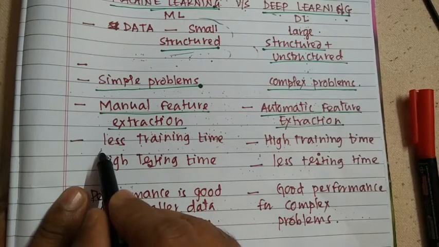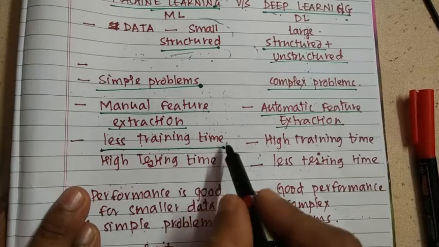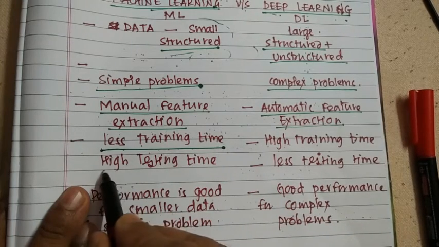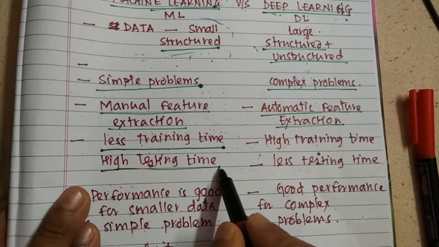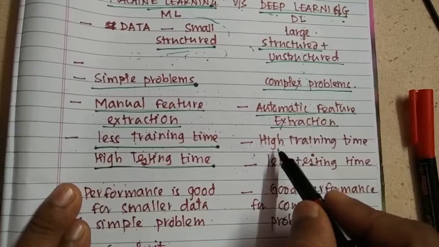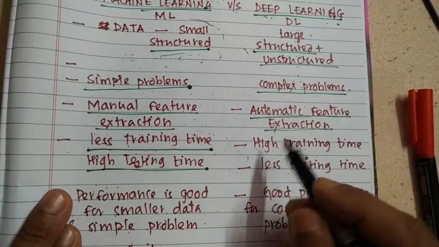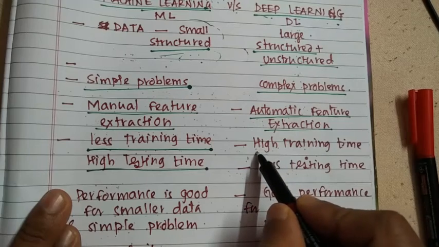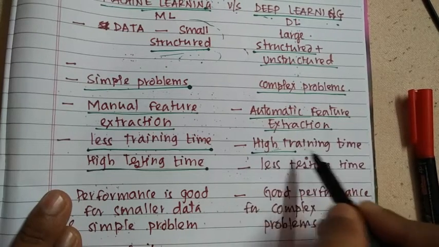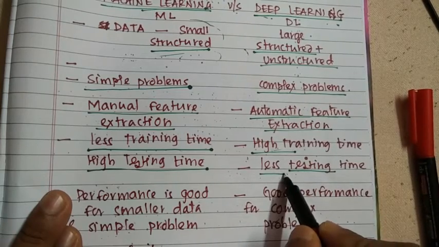In machine learning, less training time is required to train the model, and there is a high testing time. But in deep learning, because there are a number of layers, input, hidden layers and output layer, the training time required is very high and the testing time is very low.